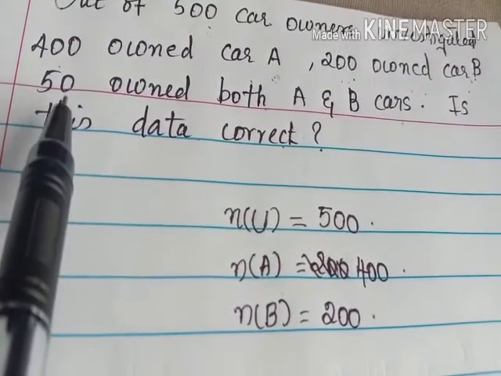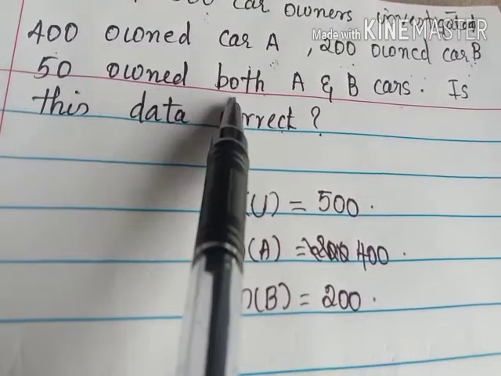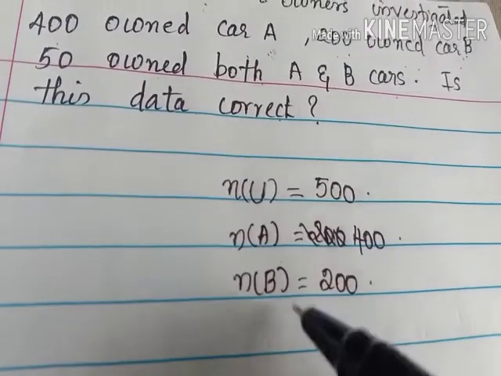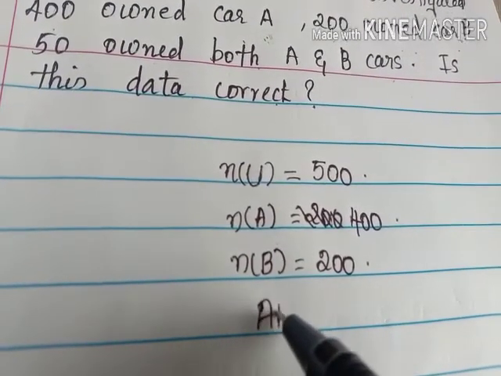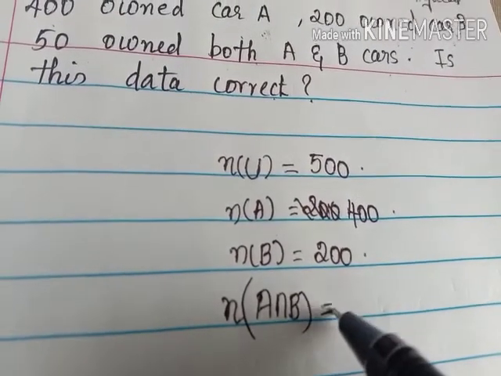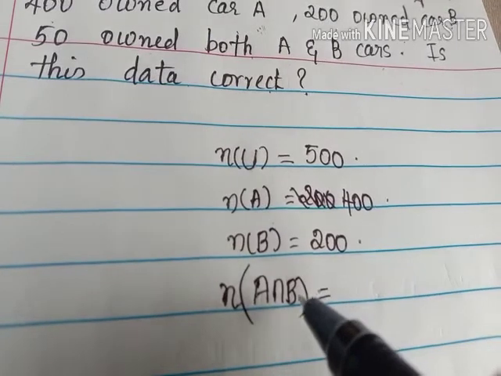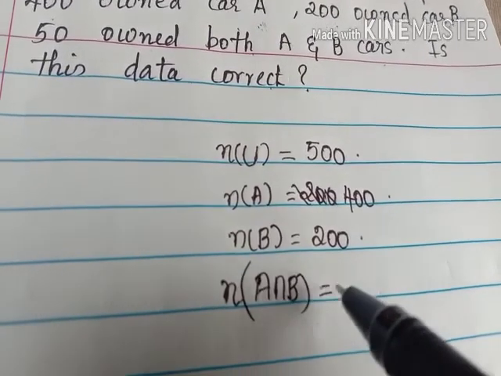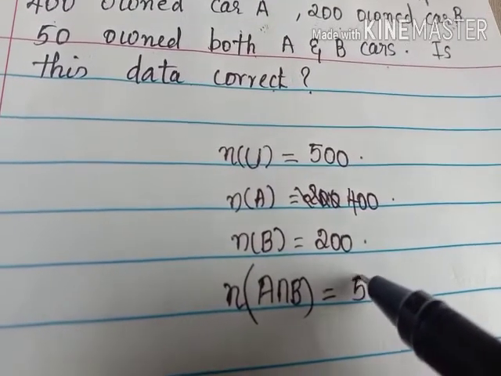Now the last data, 50 own both A and B. Both A and B means intersection. So the number of persons who own both car A and car B is 50.